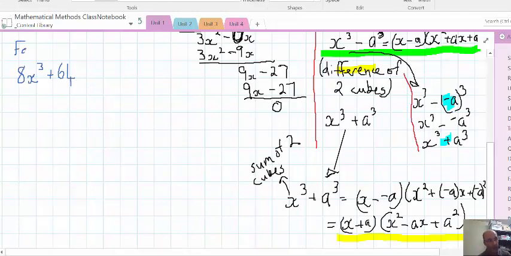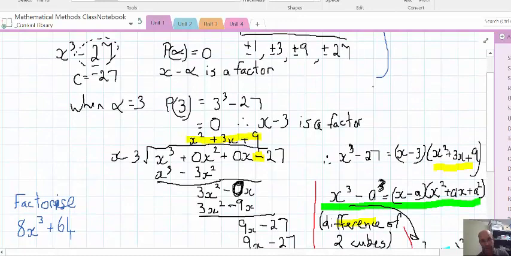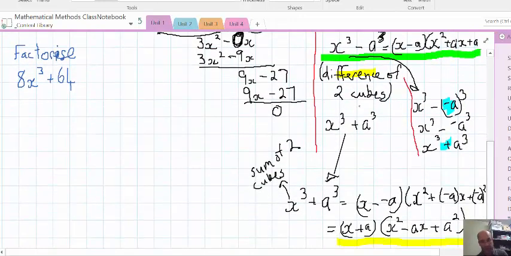So if we had to factorize 8x cubed plus 64, instead of going through this above procedure where we do this and then find and then divide through, if you just cite the sum of two cubes and just apply the formula, that is the sum of two cubes.